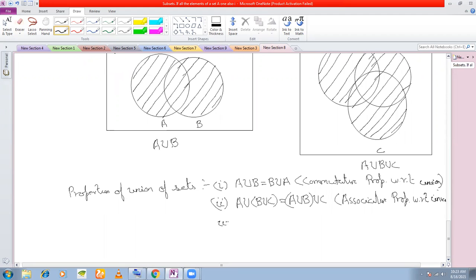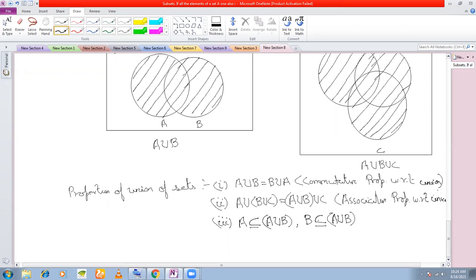Next is that A must always be a subset of A union B. And not only A, but B will always be a subset of A union B also.